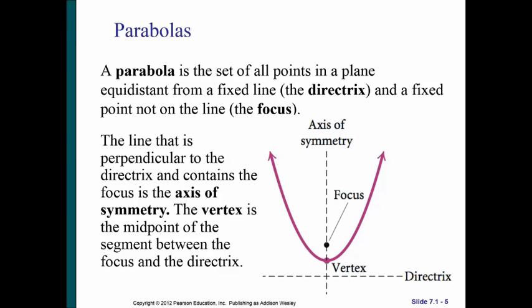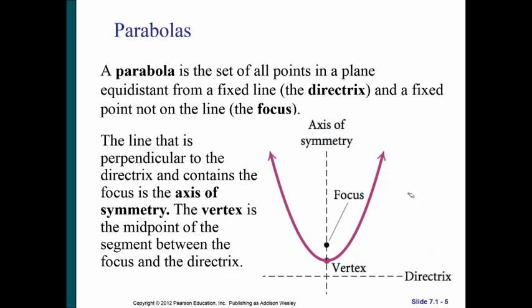And here's a different definition of the parabola than maybe what you're used to. It's the set of all points in a plane equidistant from a fixed line called the directrix, which is this horizontal line at the very bottom, and a fixed point called the focal point, or the focus, and that is this.